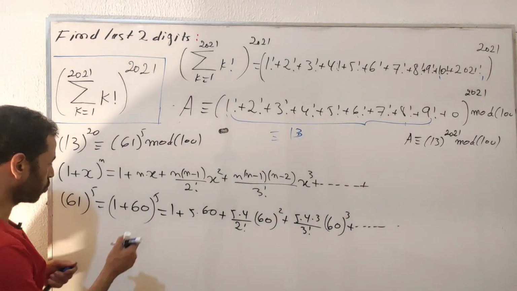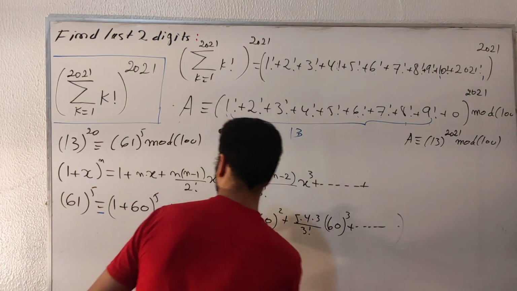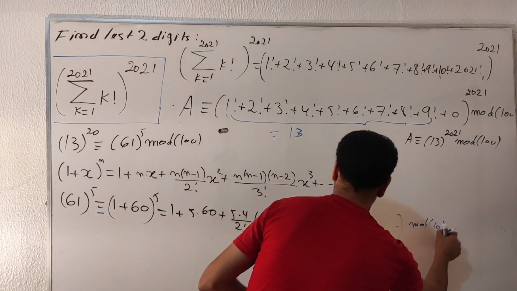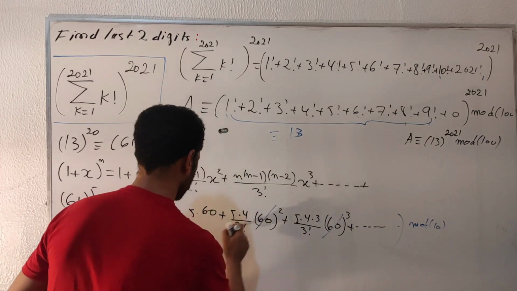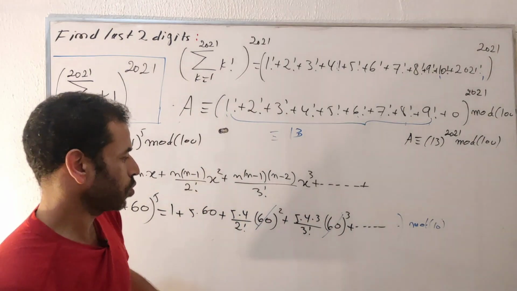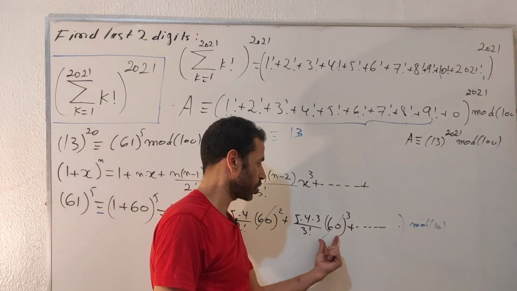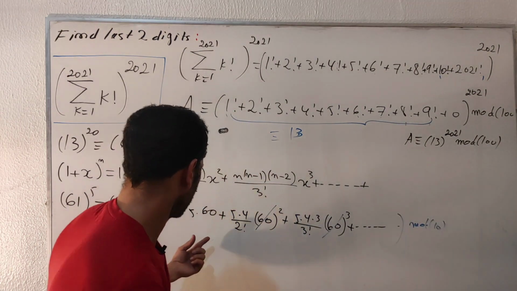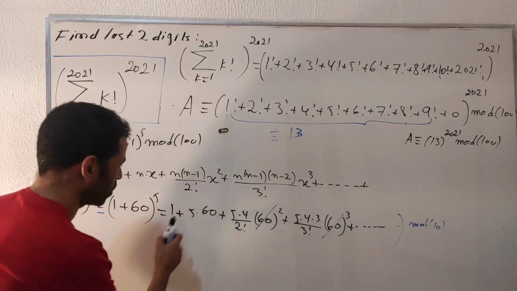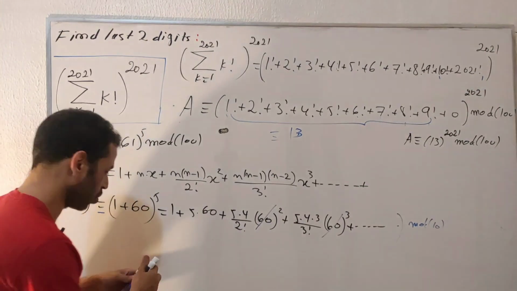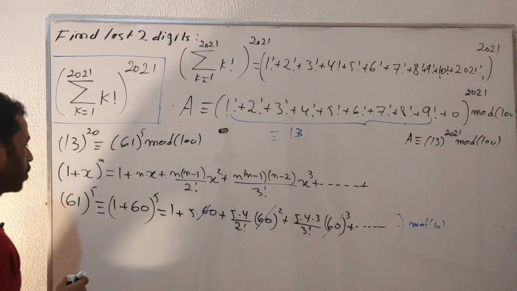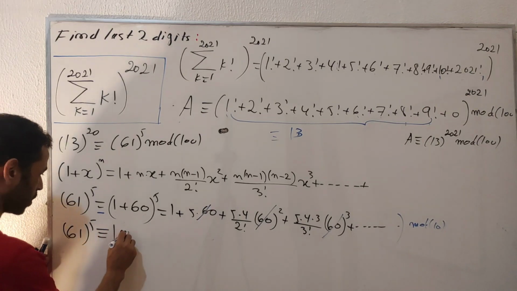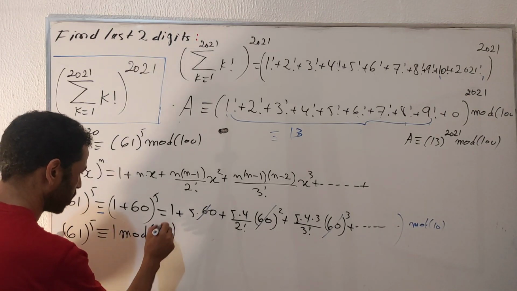If you reduce this to mod 100, you get this one 0, this one 0, and all the way down. Why 0? Because we have 0 at the end, so when we cube it, the number is always divisible by 100, which will be 0. Let's check this one: 5 multiplied by 60 is 300, which is also 0. I will be left with 1 here, which means it's simpler now. 61 to the 5th is congruent to 1 mod 100. I get 1 as a remainder.